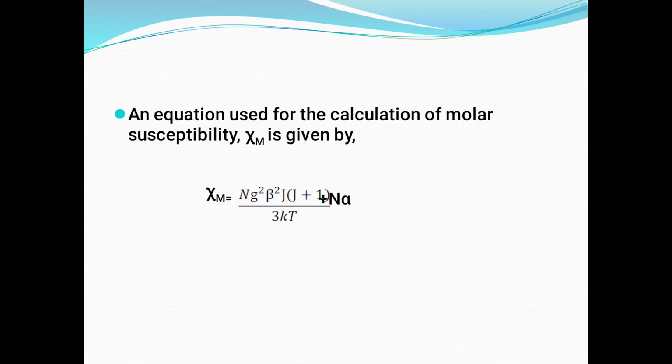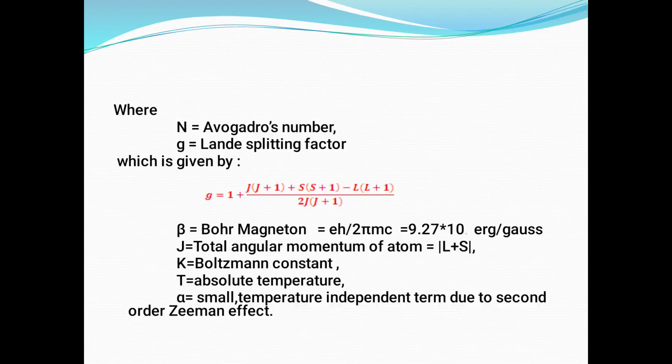An equation used for the calculation of molar susceptibility is given by the following equation. Here, N is the Avogadro number and g is the Landé splitting factor. Beta is the Bohr magneton, J is the total angular momentum, K is the Boltzmann constant and T is the absolute temperature.